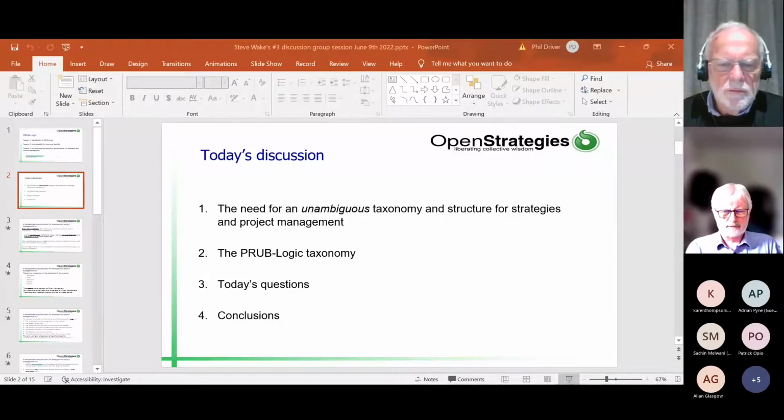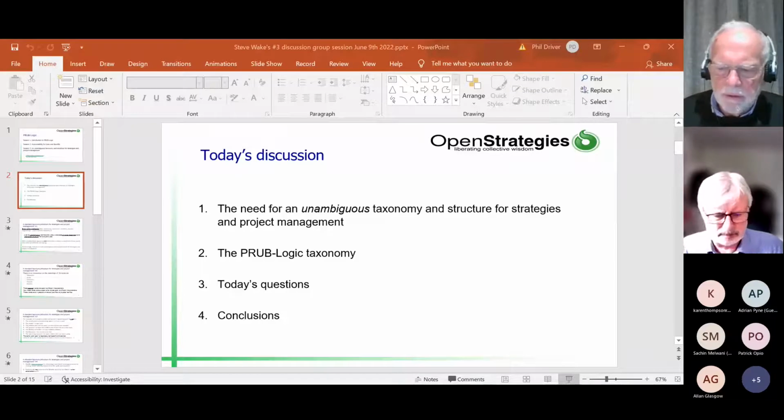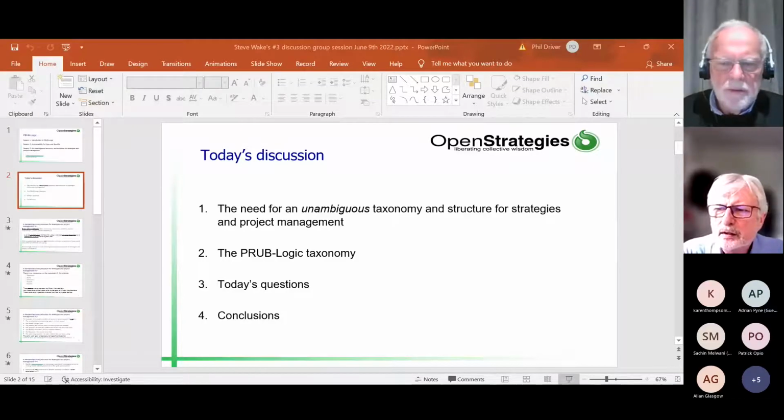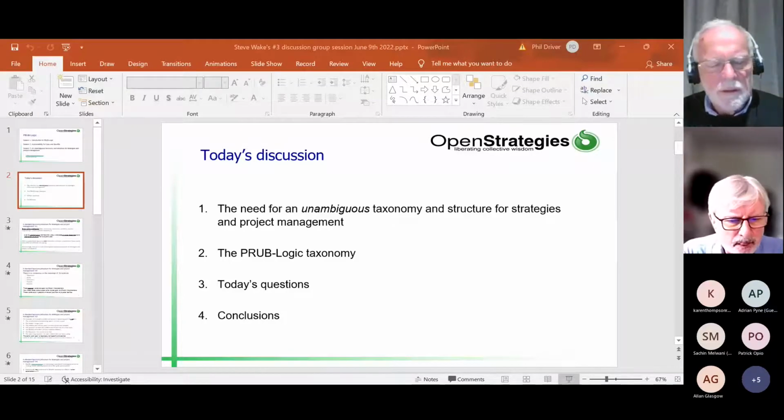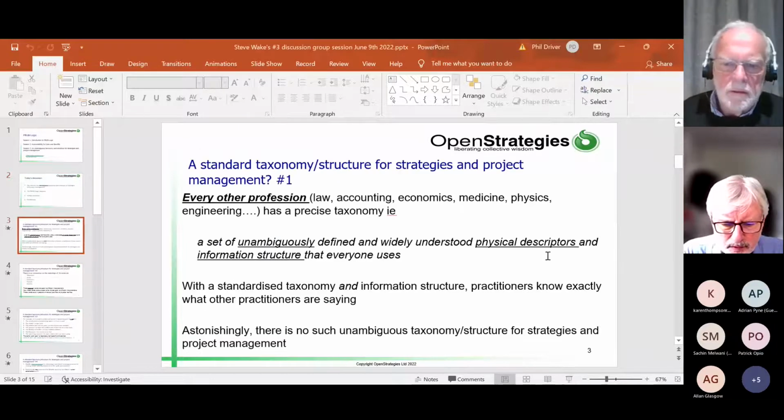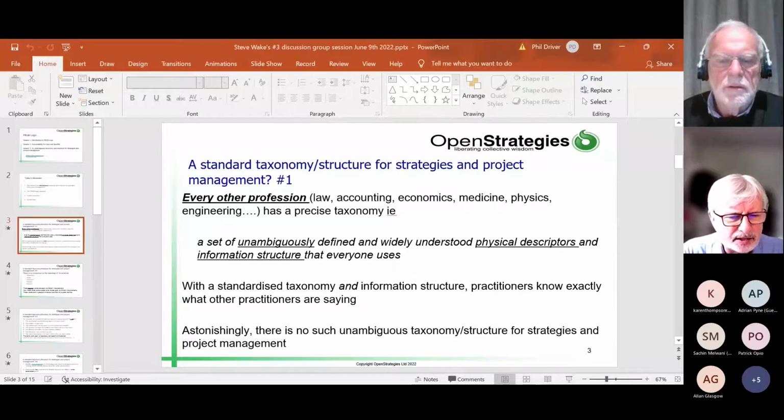So you're on the one headed today's discussion. So go page down, and does that not give you page 3? No. Damn. I've got it now. I've got a standard taxonomy structure. That's gone. Right, hang on.